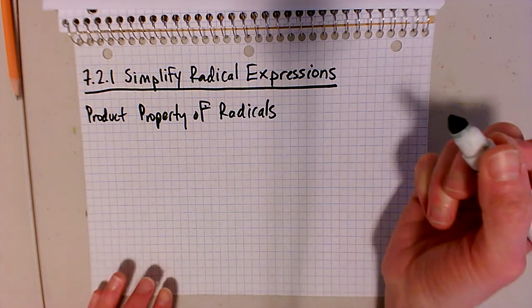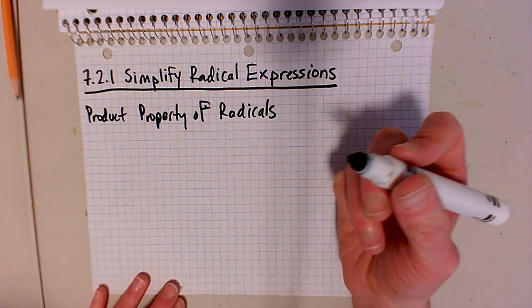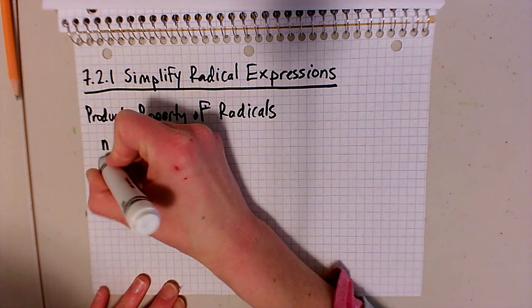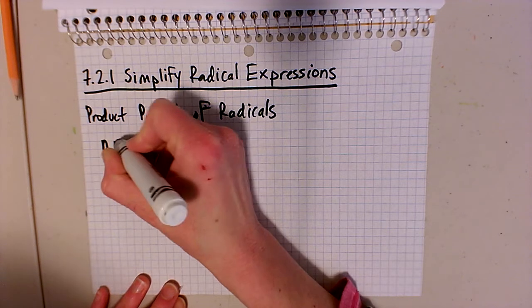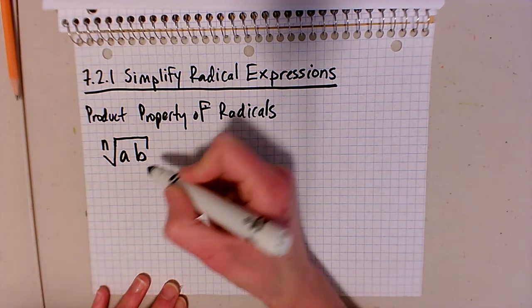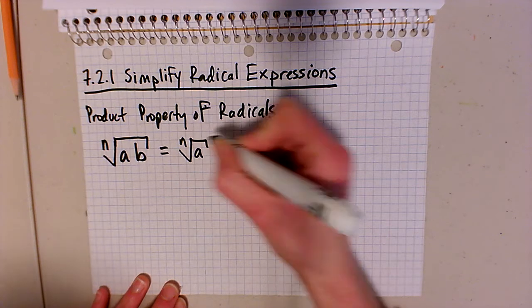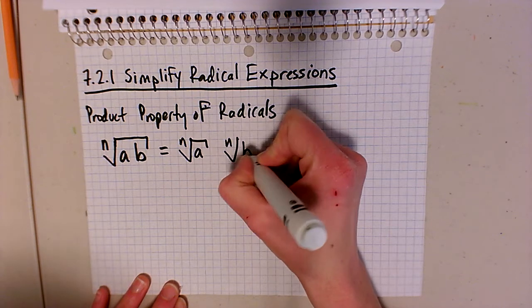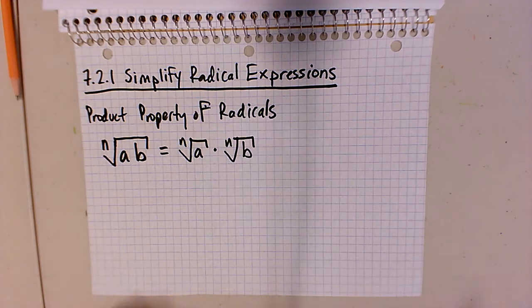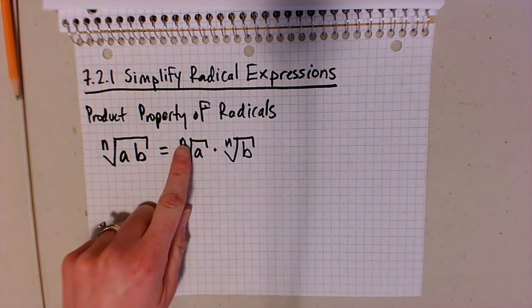And so what the product property of radicals says is that if you have the nth root of some A times some B, if these two things are multiplied together, then if it makes it easier on you, you can split them up into separate radicals that are multiplied together. The key is that your root cannot change.